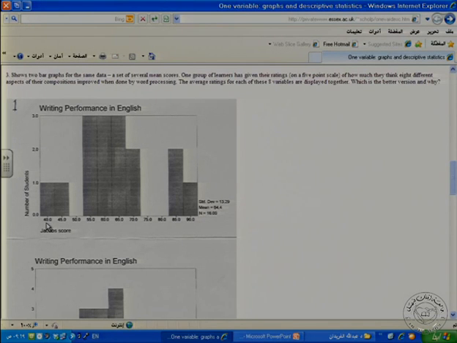After you collected your data about your students' writing performance in English, you gave them an essay or a composition, and then you marked the composition, and you just want to know the performance. So you enter the data in your computer, one click, you get this graph about your students.